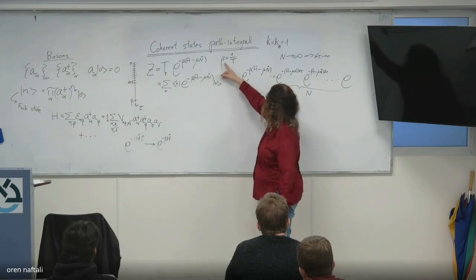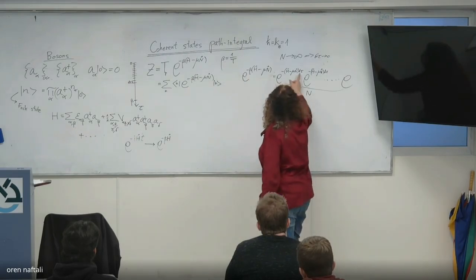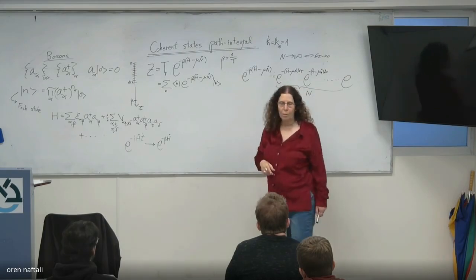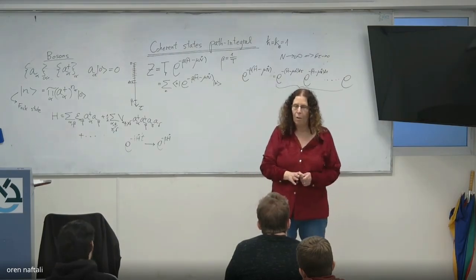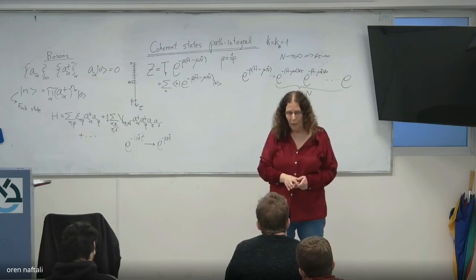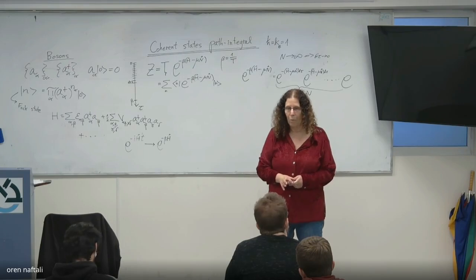beta actually has to be, no, it's 1 over k_B T. k_B T is energy, that's right. So it's 1 over energy, which is 1 over frequency if h bar equals 1.